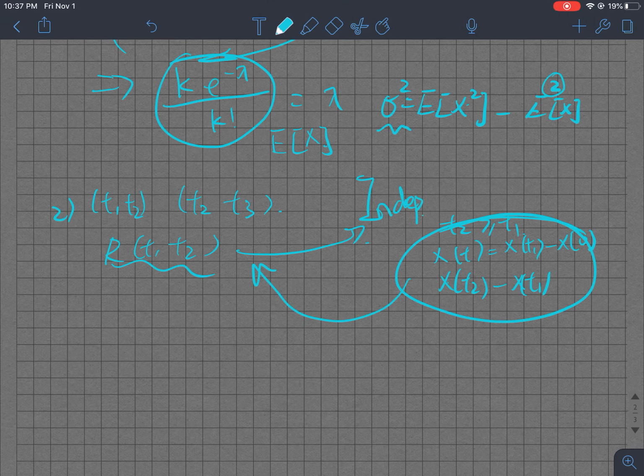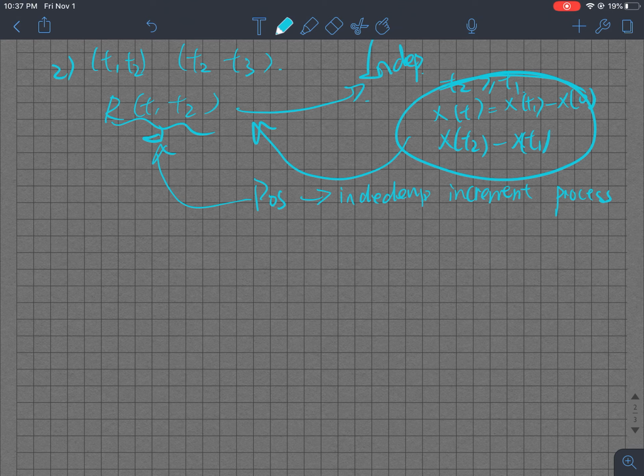Then we know that Poisson is an independent increment process from the textbook. Then we can basically analyze it and get the result, even for T1 greater than T2.